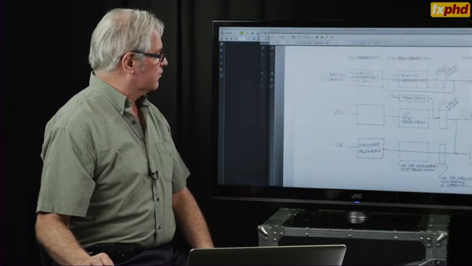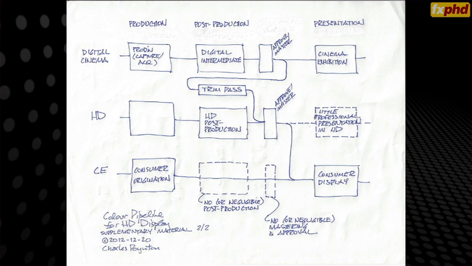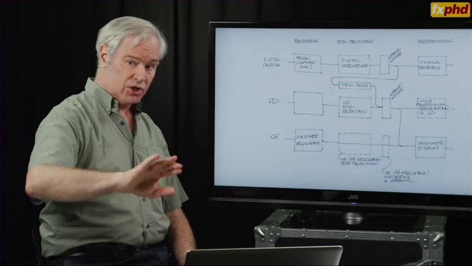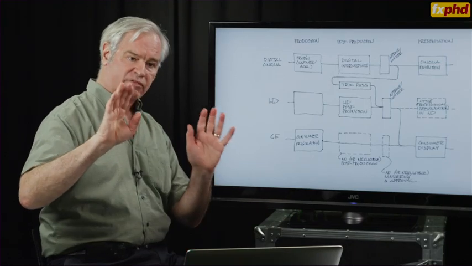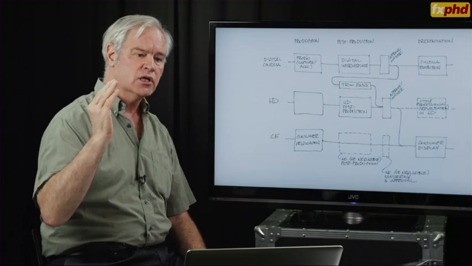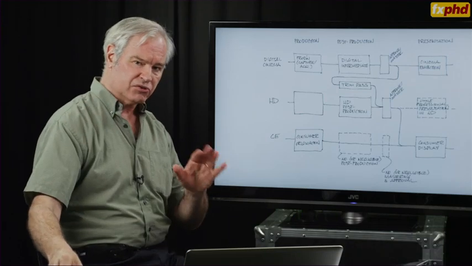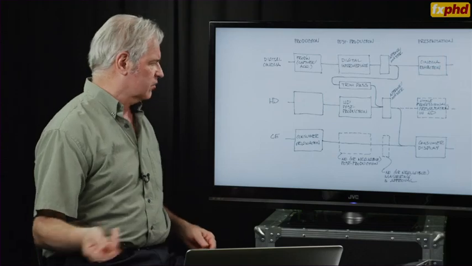So my context diagram is this one. And the goal here is to give you just the overall landscape of the whole arena, but I'm not covering digital still photography or medical imaging or other application areas. Here we're focused basically on HD, digital cinema, and to some extent, consumer electronics.